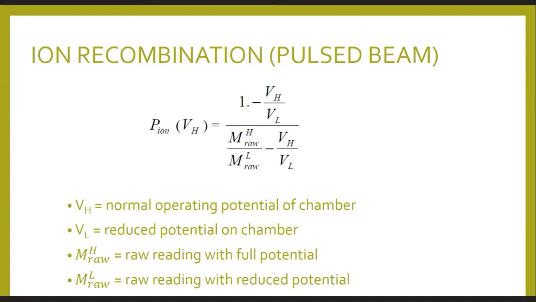The ratio between these potentials has to be 3 or more. Then we get the reading for the normal operating potential and the reading for the reduced potential, and we can get the recombination correction factor.